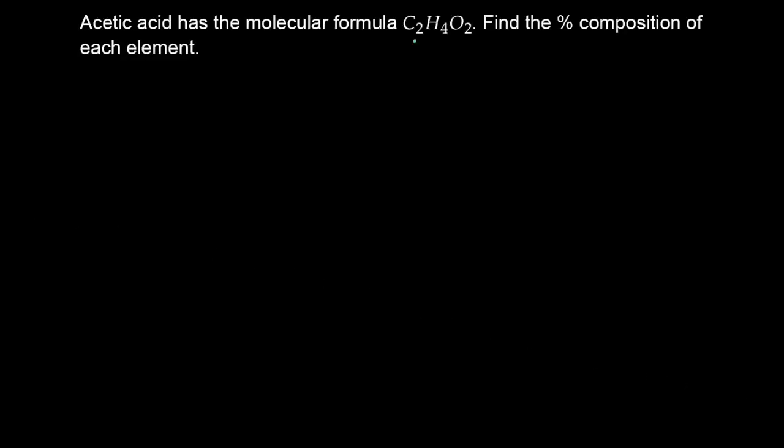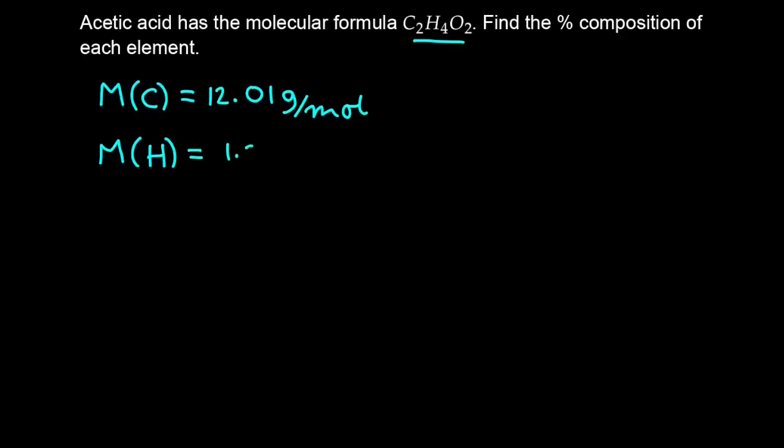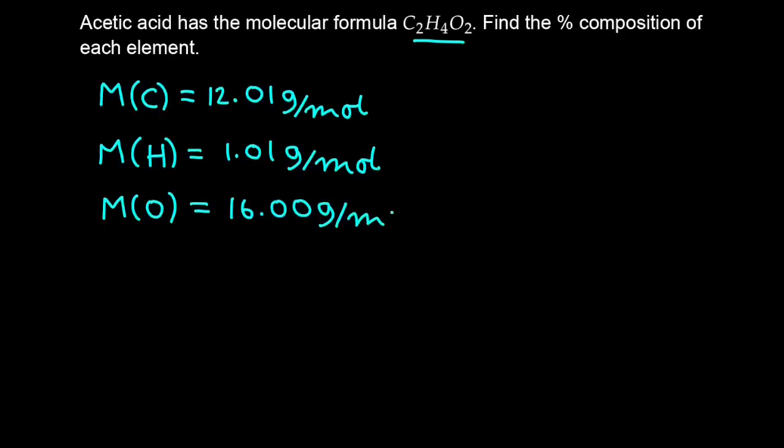Acetic acid has the following molecular formula. Find the percentage composition of each element. Well, we can read the molar mass of each element from the periodic table. So we have 2 carbons, 4 hydrogens, and 2 oxygens in that molecule.